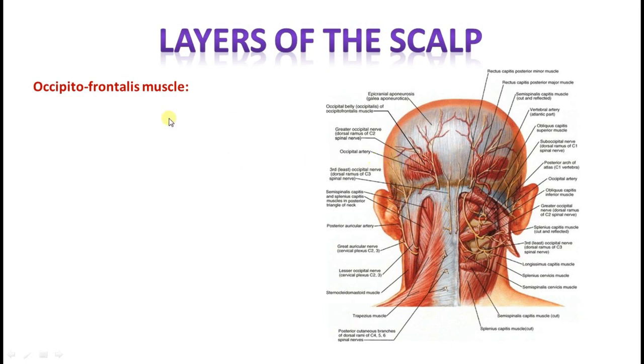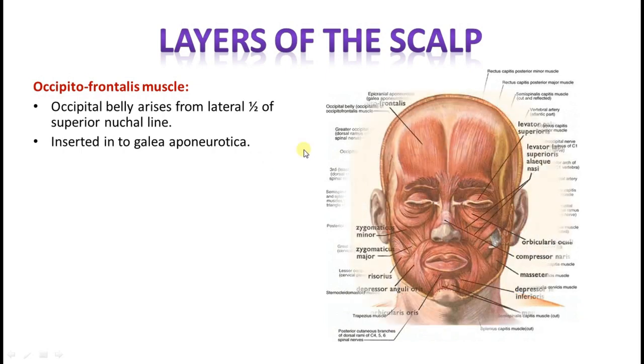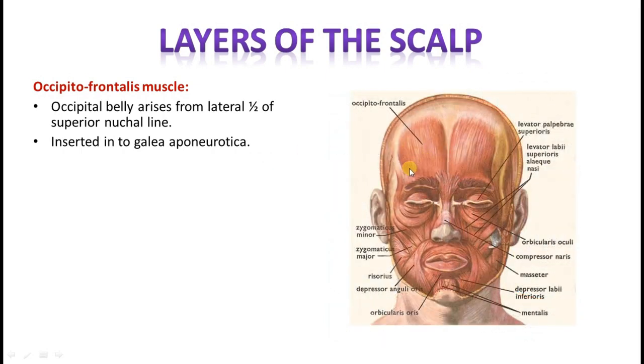As I told you, it has got two bellies. The occipital belly arises from the lateral half of the superior nuchal line, and then it is inserted into the galea aponeurotica. The frontal belly arises, again with no bony attachment, from the skin of the forehead and subcutaneous tissue.